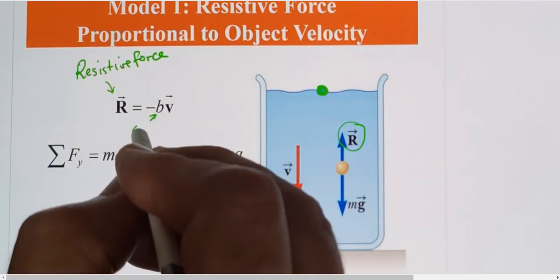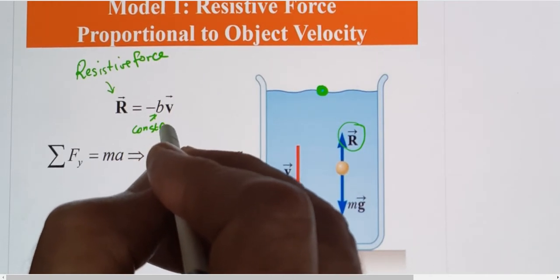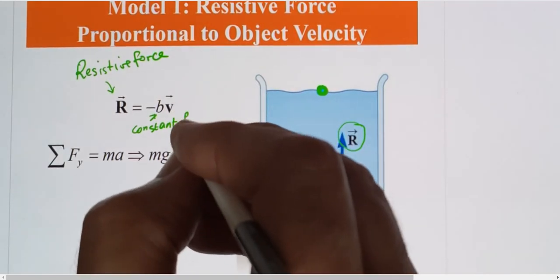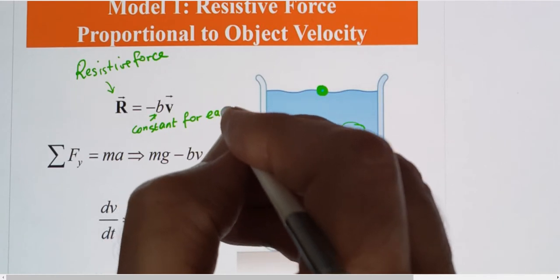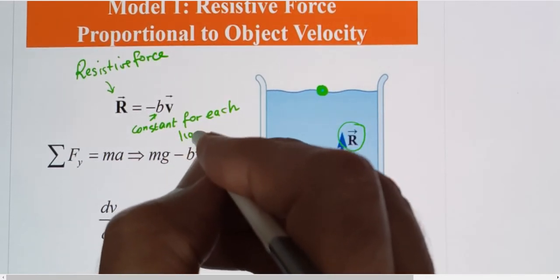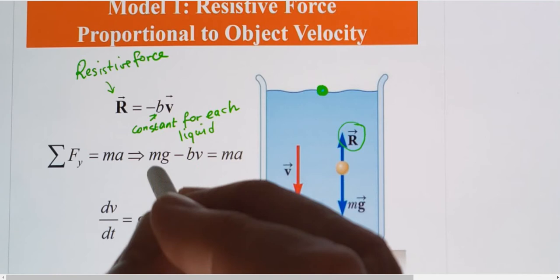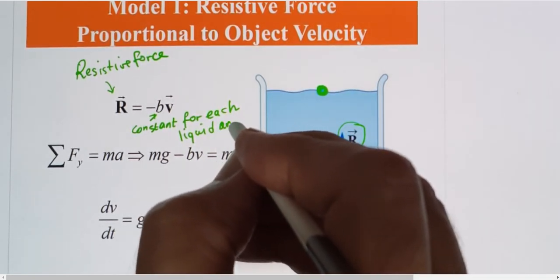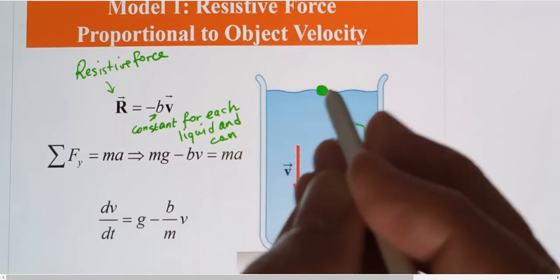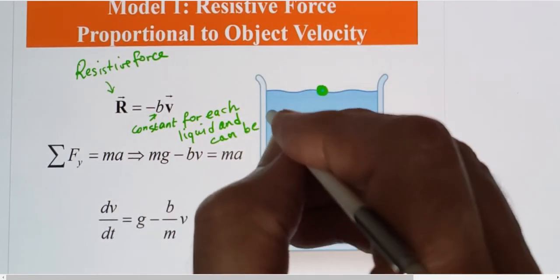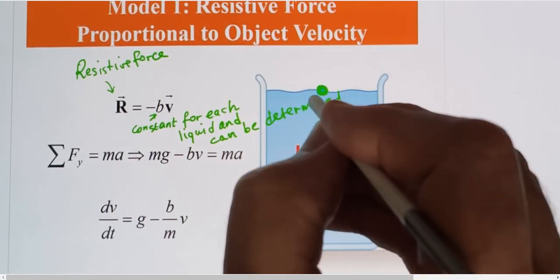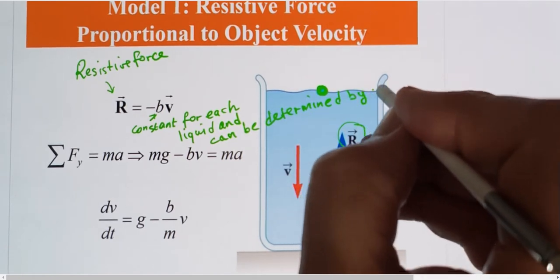This is a constant, B, just a constant, and it's different for each liquid, and can be determined by experiment.